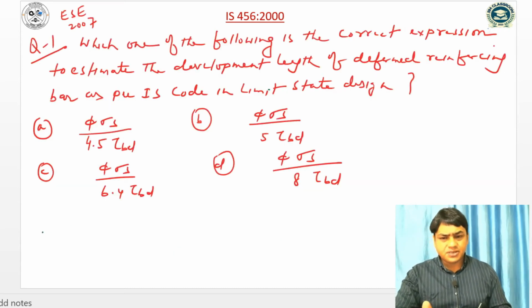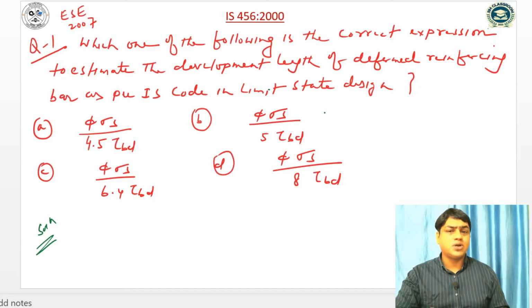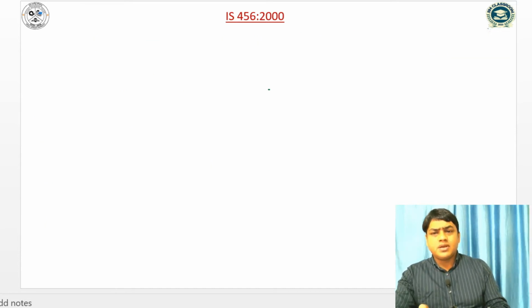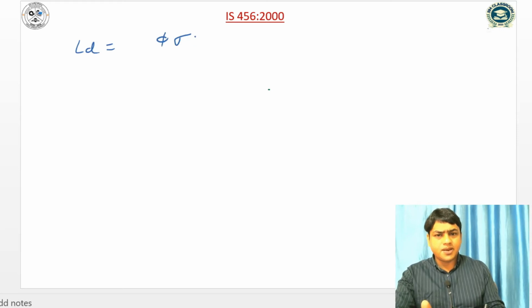So let us take a few problems based on the development length. Which one of the following is the correct expression to estimate the development length of a deformed reinforcing bar as per IS code in the limit state method? We know that the expression of the development length is phi into sigma s divided by 4 tau bd.